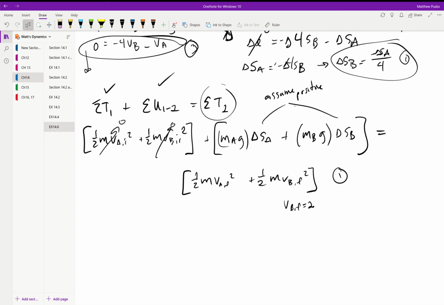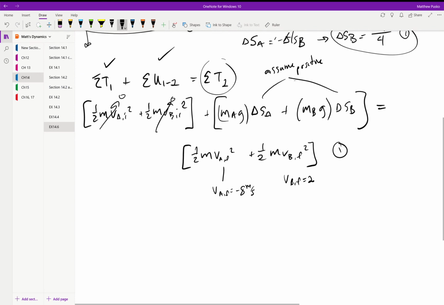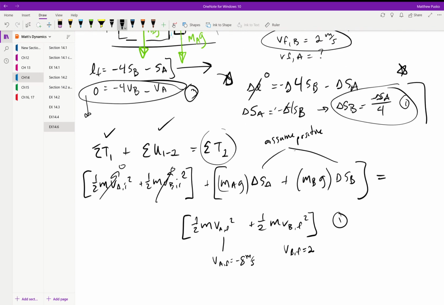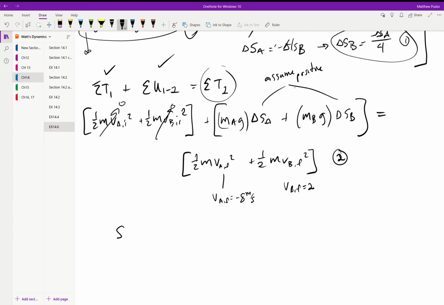To find out that if this is 2, then the velocity of A final is going to be -8 meters per second. Alright, and then using equations 1, I guess this would be equation 2, equations 1 and 2, we can find how far SB moves. It ends up going down 0.883 meters. So the negative indicates down.